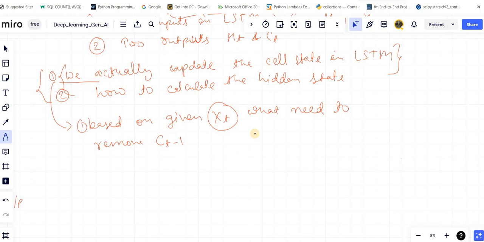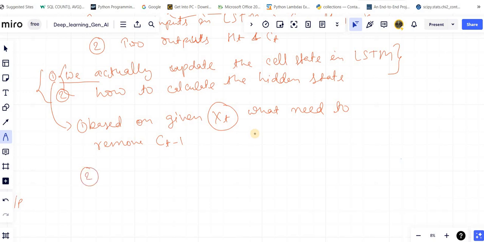So that's what I wrote here. Based on the given xt, what needs to be removed from ct minus 1? If something in the cell state is not important, then we need to remove it.